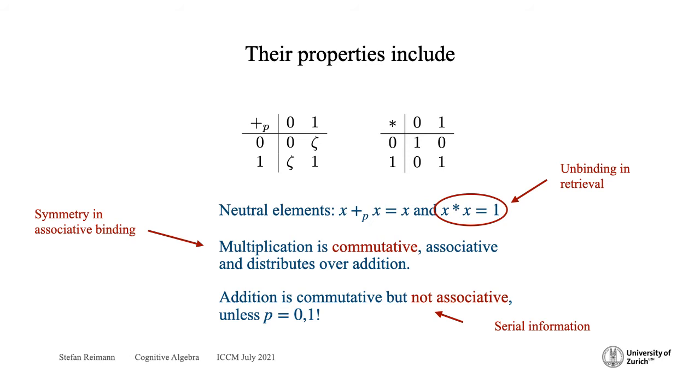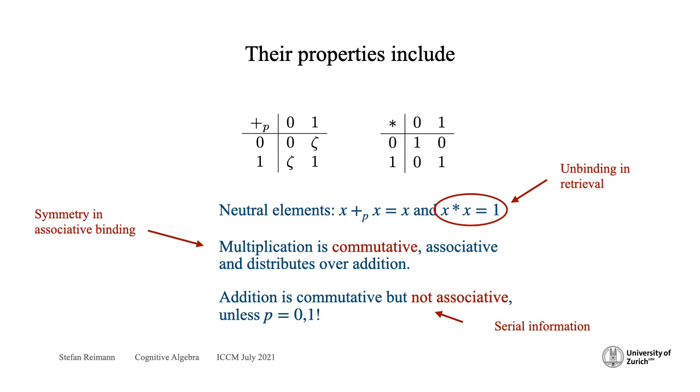The properties of these operations are important since they shape the outcomes of our computation. Particularly, each state is its own inverse, which will turn out to be essential for unbinding states. Second, the commutativity of multiplication relates to the experimental finding that associative binding is symmetric.